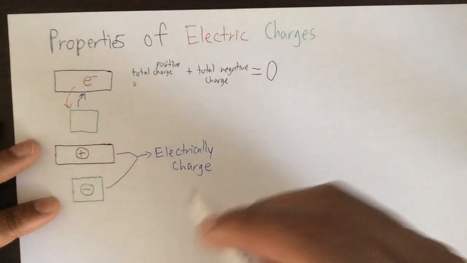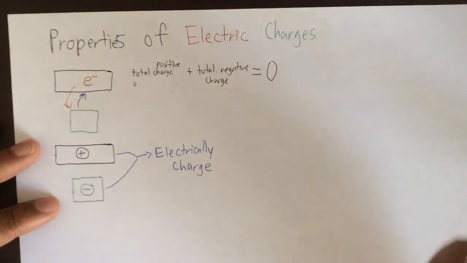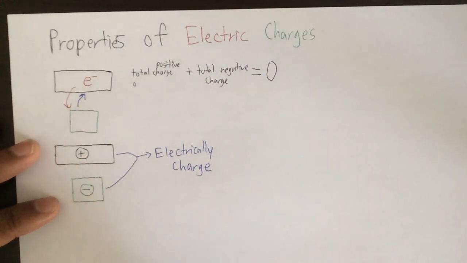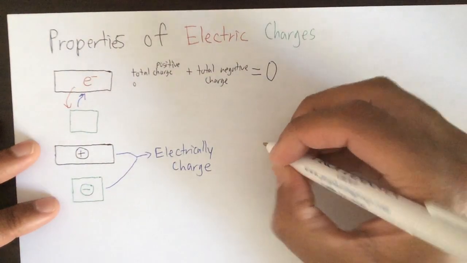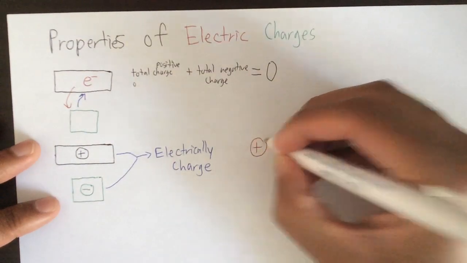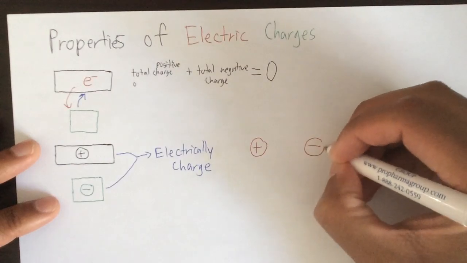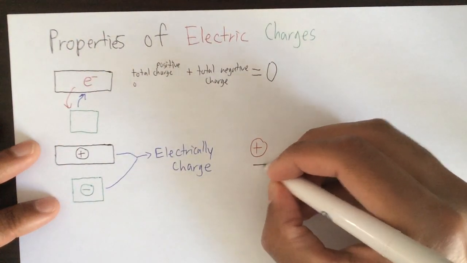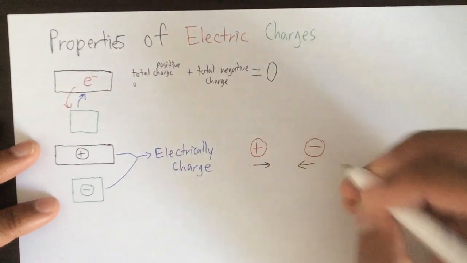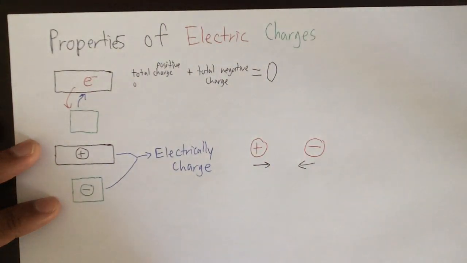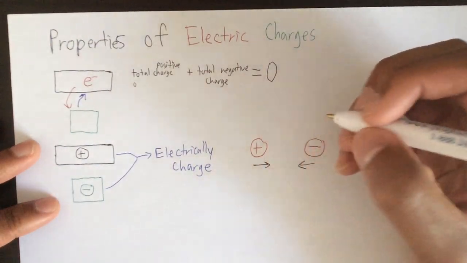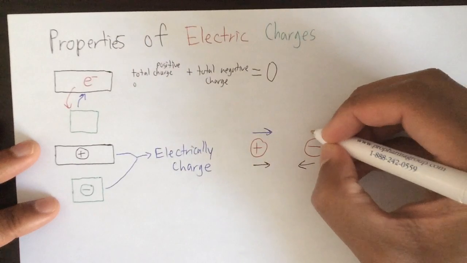So this leads us into our next property, is that if you have positive charge and negative charge and they're at a distance, and you start bringing them close to each other, as they become closer together, they are going to attract each other.